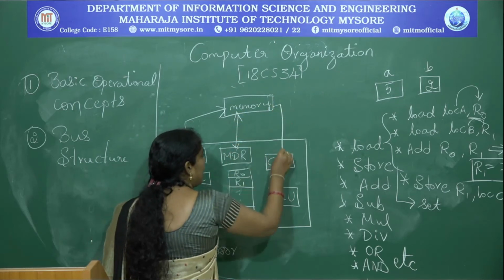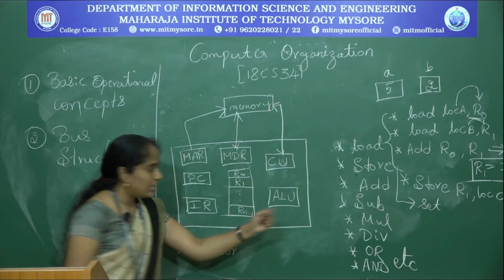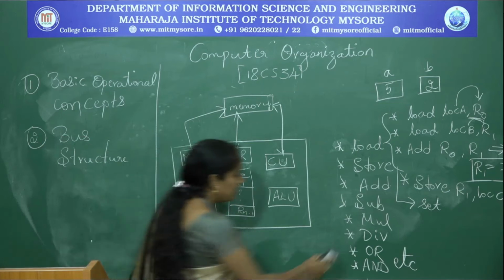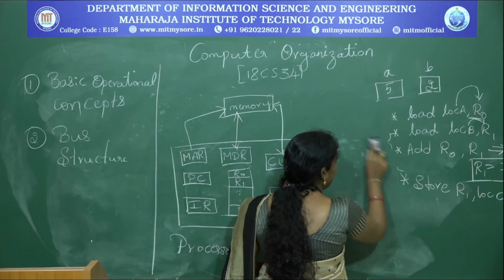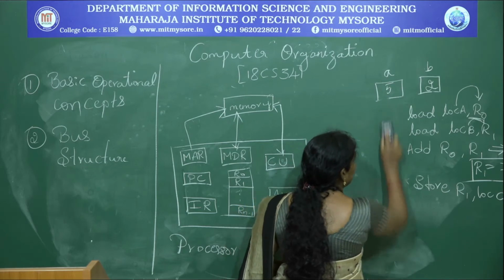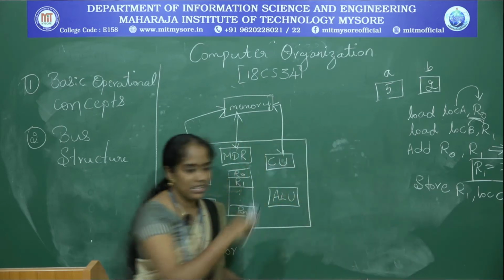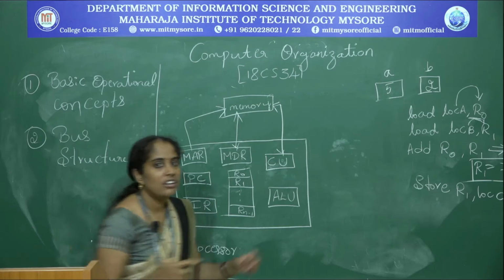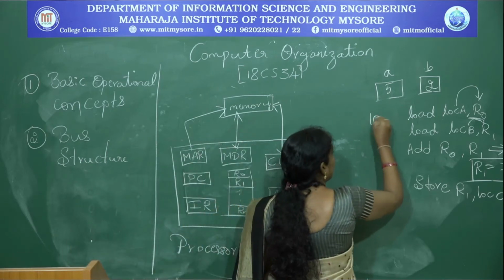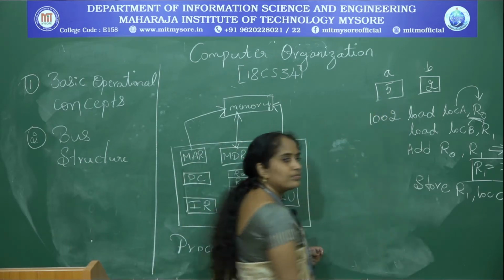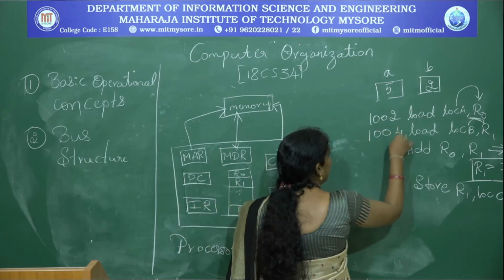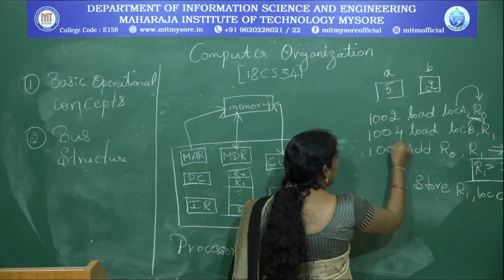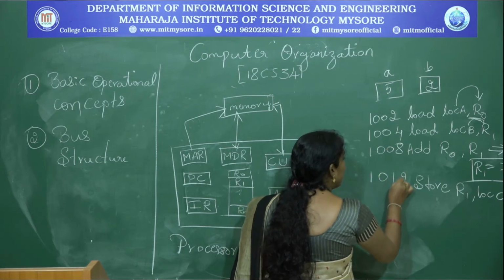So take the same example here. This is your instruction, right? Say, for example, initially the first instruction address can be 1002, the next instruction address can be 1004, then 1008 and 1012.